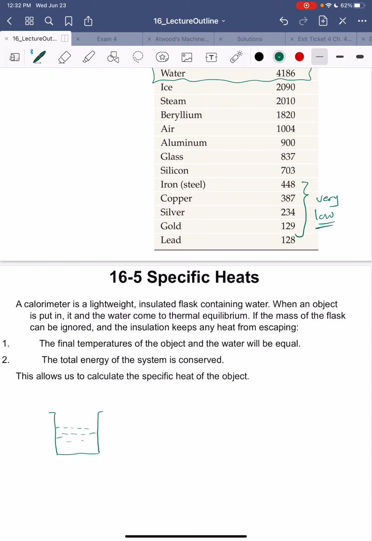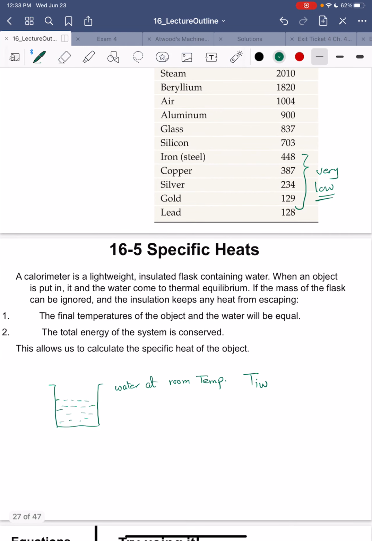This is the experiment that we usually do in the lab. Here we have water at room temperature, and you record T initial for the water.